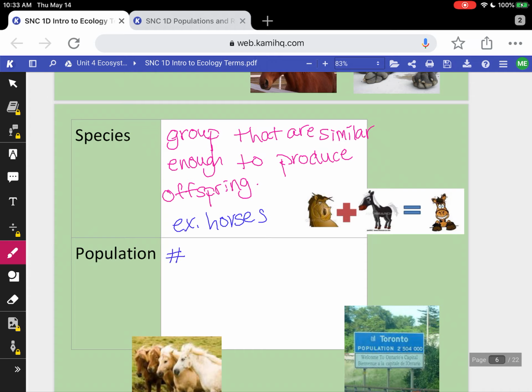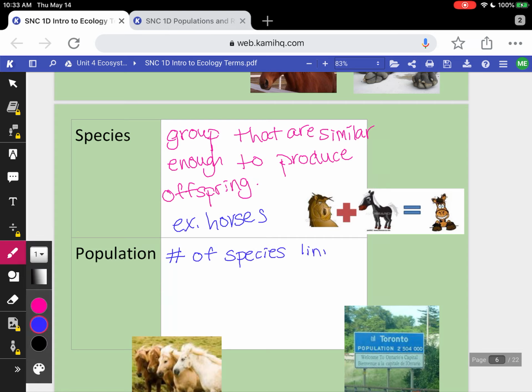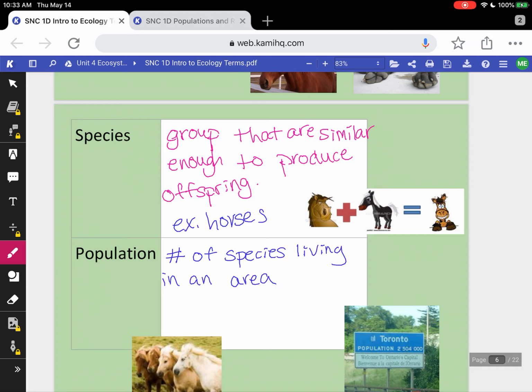All right, now a population. So a population is the number of species living in an area. So living in an area.